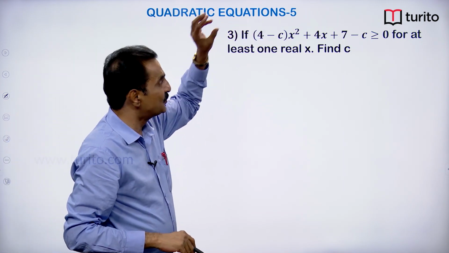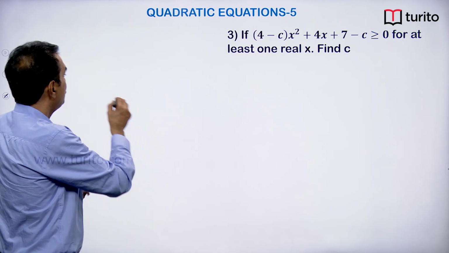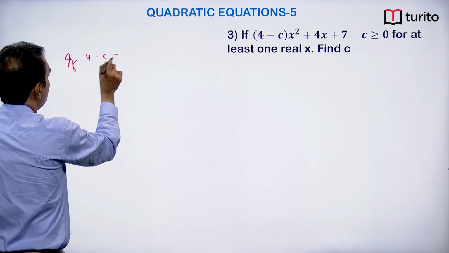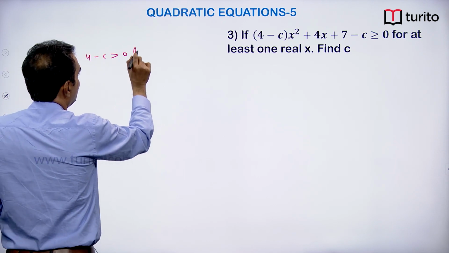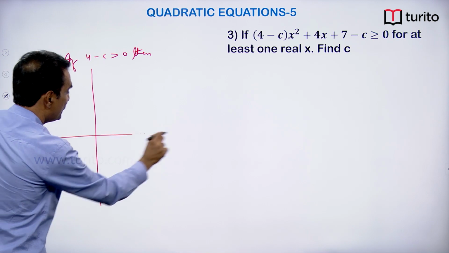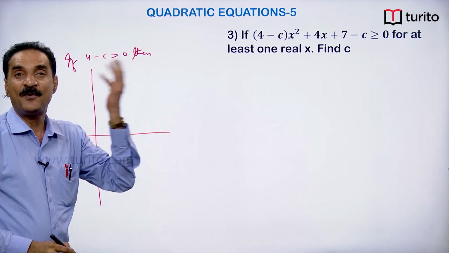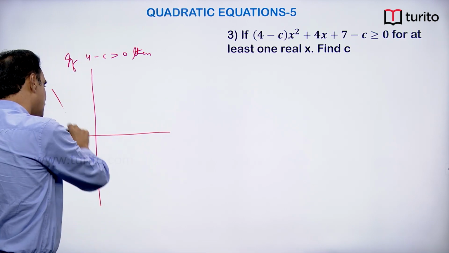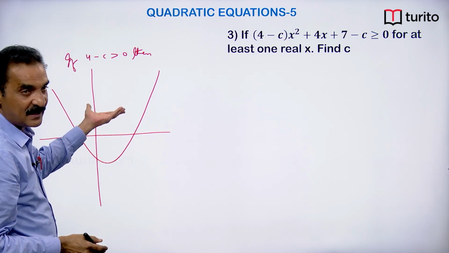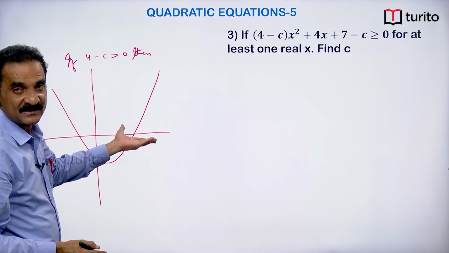If 4 minus c is positive, then how will the graph be? The graph is an upward parabola. It may be at any position. It may intersect the x-axis or may be above the x-axis or may touch the x-axis.